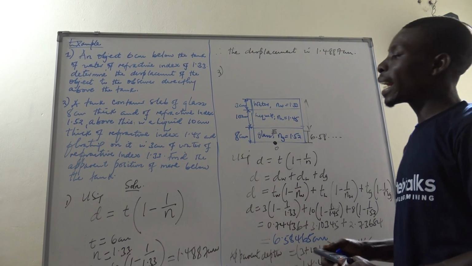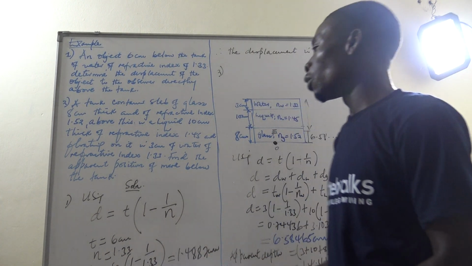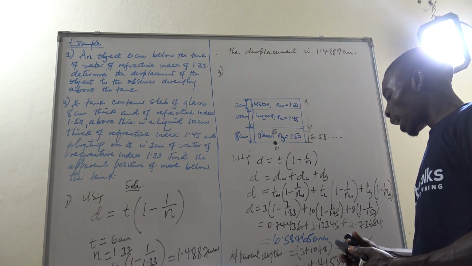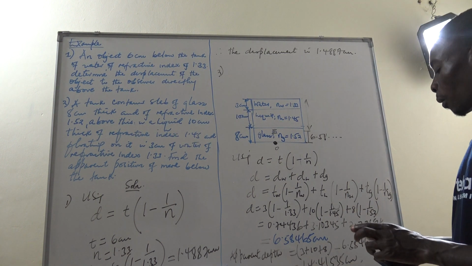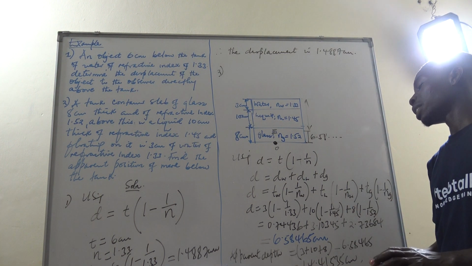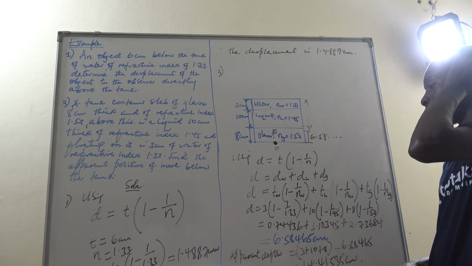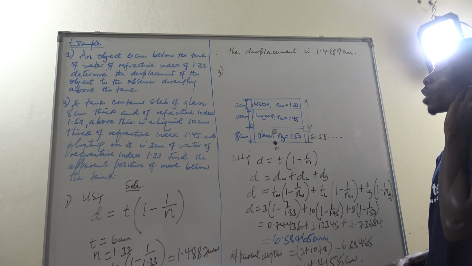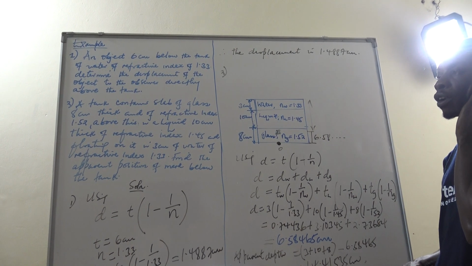So the apparent depth or apparent position of the mark below the tank will be equivalent to 14.4135, something like we have calculated here. So that is how you can handle this kind of problem.